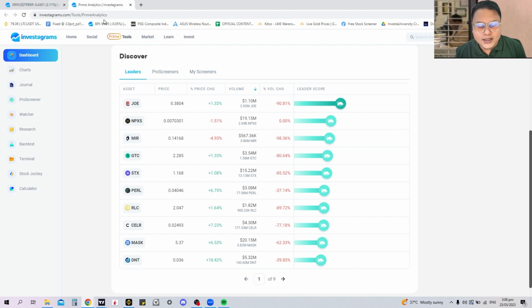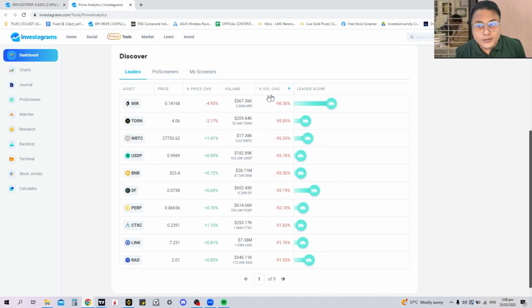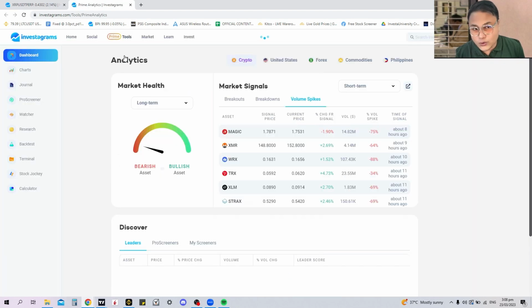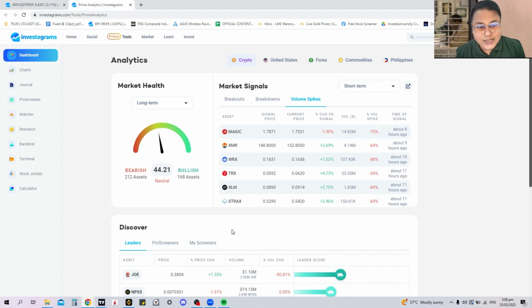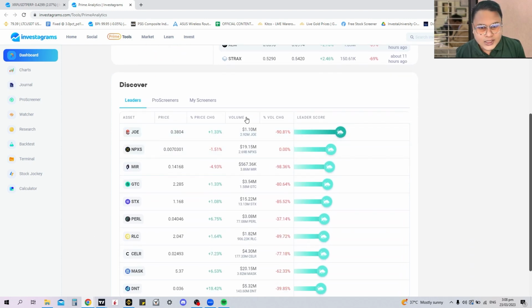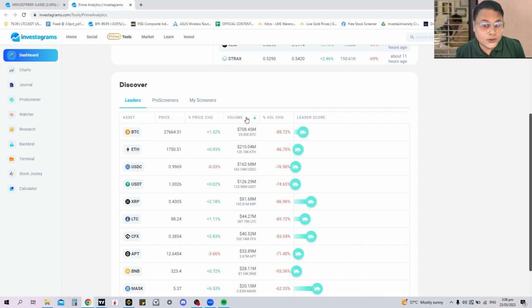So, gawa ulit tayo ng another demo in which punta tayo dito sa Prime Tools and then Analytics. Then let's look at the leaders sa crypto market natin. So click crypto, then let's look at the leaders. So for me, I look for the leaders in terms of volume.